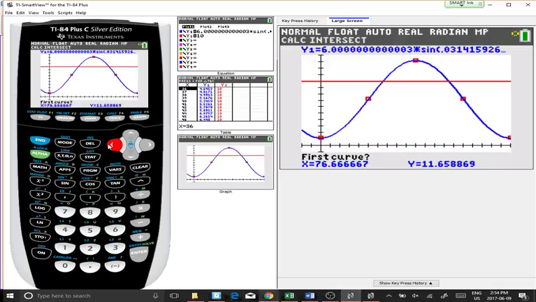We will leave the cursor somewhere around the first intersection point. And the first intersection point is at 65.45422. So we're going to record that number there, 65.45422.